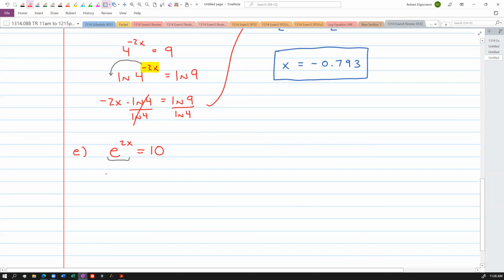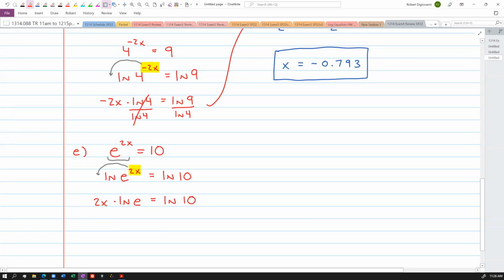So I'm going to bring in the natural log on the left and bring in the natural log on the right. That will allow me to take the power up top and drop it out front. So I have 2x times natural log e equals natural log 10. Now, any questions?